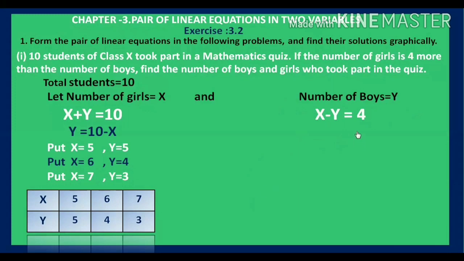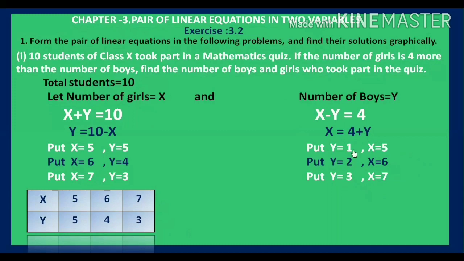Now for the second equation, x minus y equals 4, so x equals 4 plus y. Now we put some values of y to get the value of x. Put y equals 1, then x equals 4 plus 1, which is 5. Put y equals 2, then x equals 6. And put y equals 3, then x equals 7.